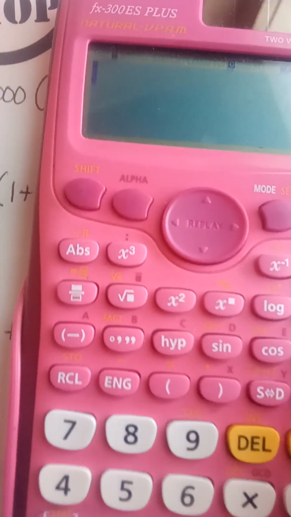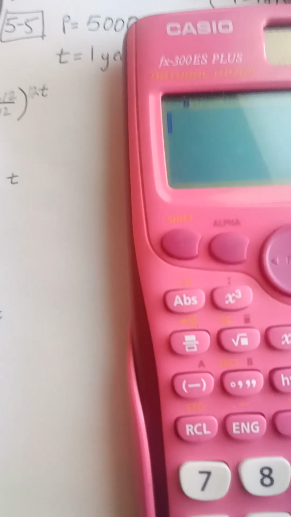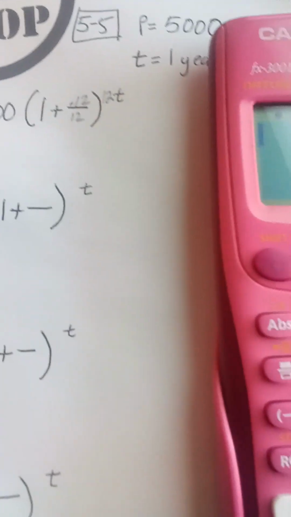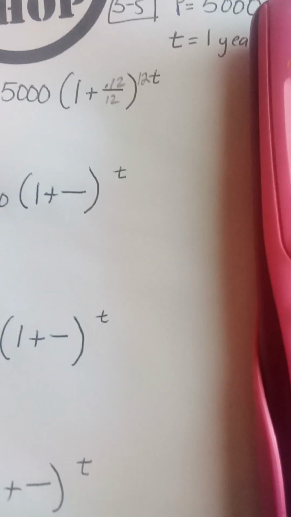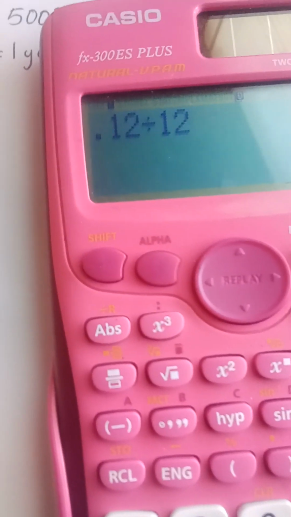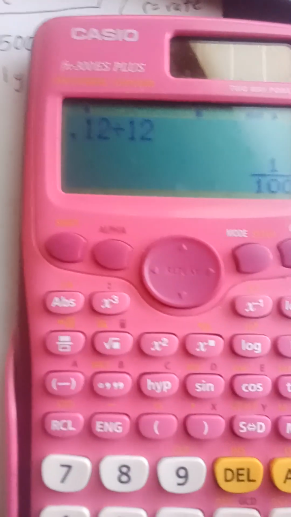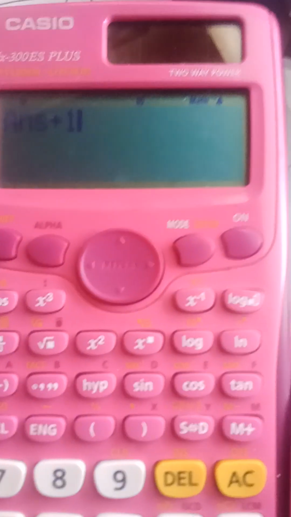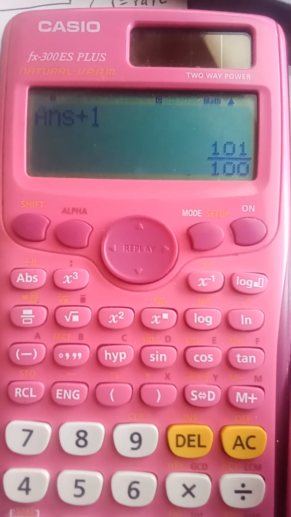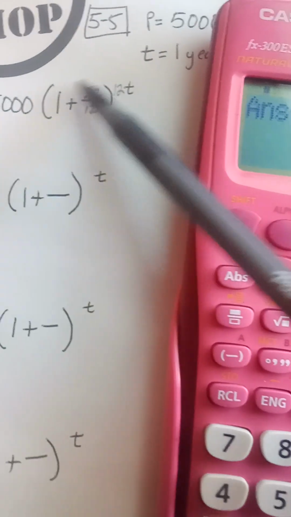So I'm going to do this one on the calculator and show you the keystrokes. I like to do this part first, 0.12 over 12, using the order of operations. Then I push the equal sign, and then I add the 1 to it and keep pushing the equal sign. That's the part on the inside of the parentheses.